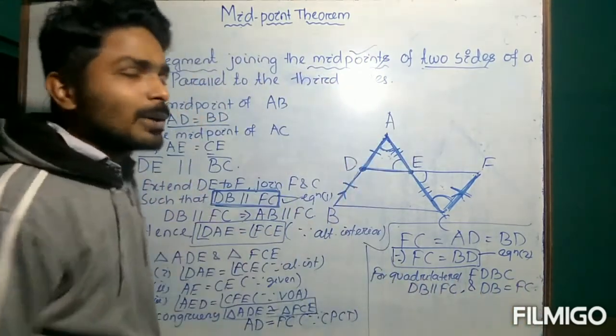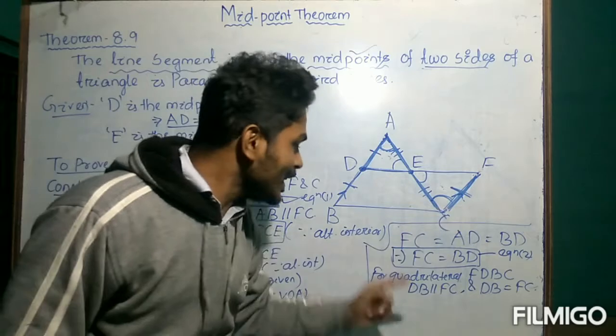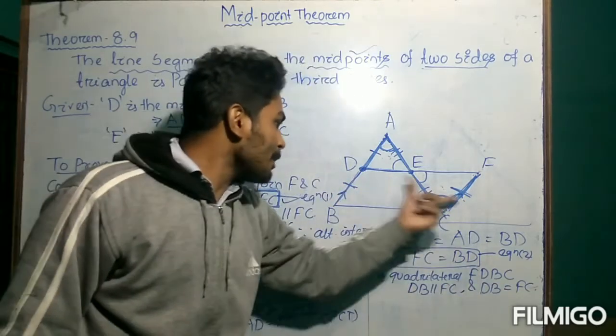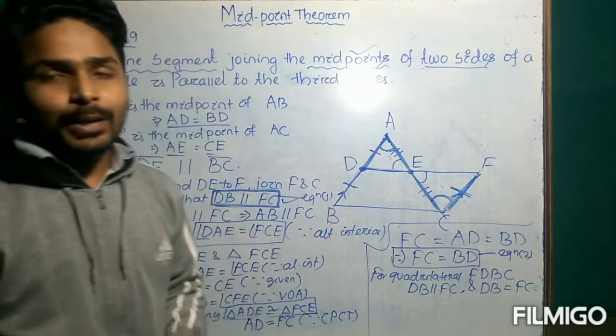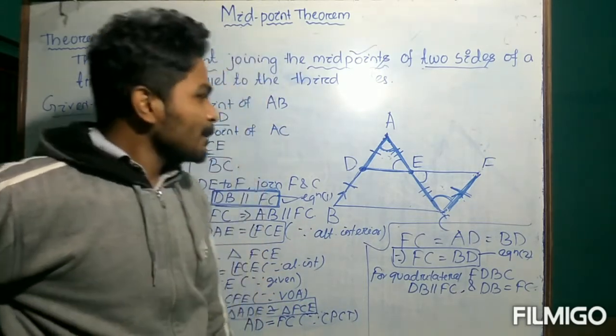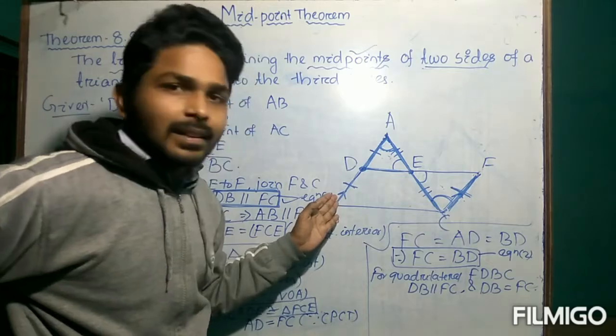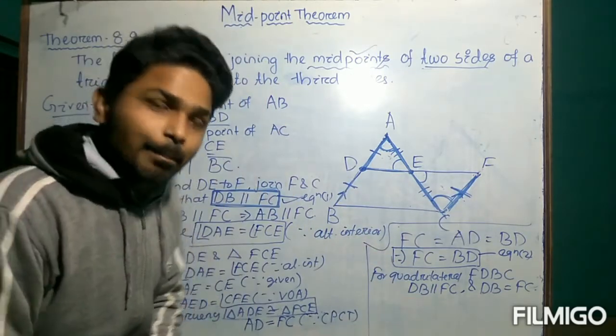So what have we concluded here? We have concluded that in the quadrilateral FDBC, one pair of opposite sides are parallel as well as equal. And we know, according to the theorem, I think 8.8, if in a quadrilateral one pair of opposite sides are equal and parallel, then it is a parallelogram.